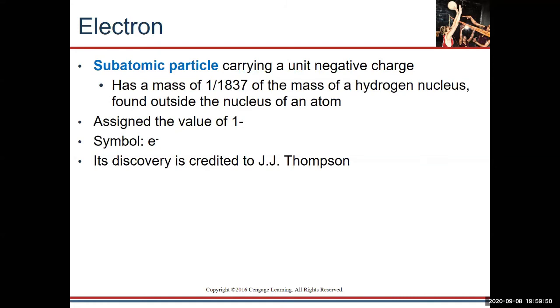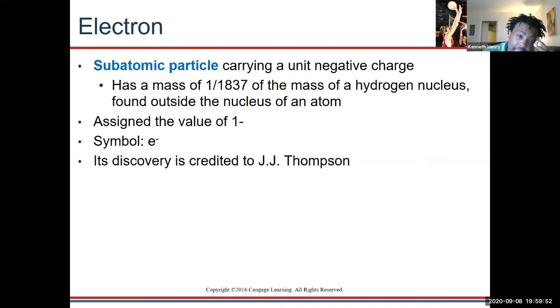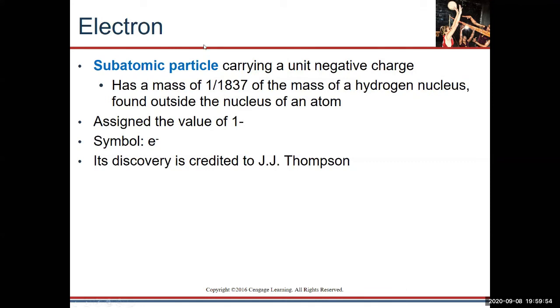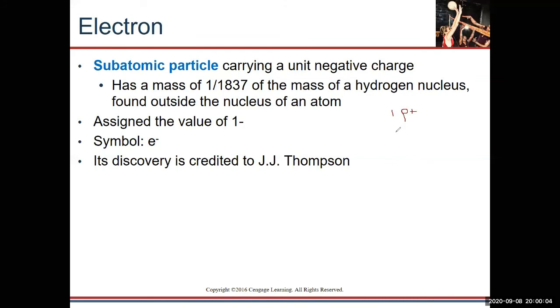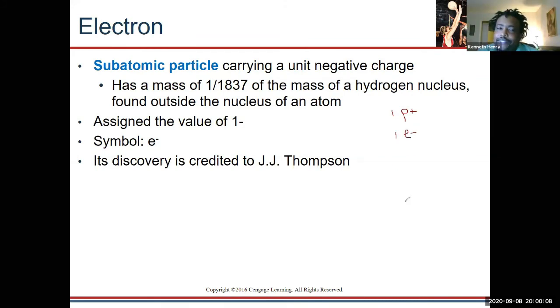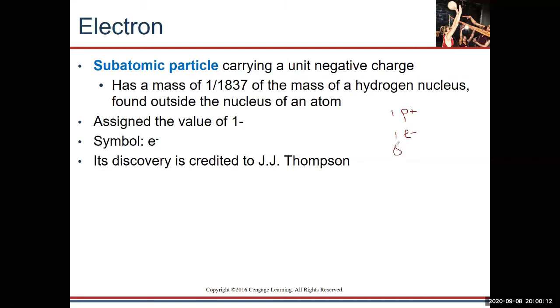How many protons does hydrogen have? 1. Okay, so hydrogen has 1 proton. So I'm going to use the P plus to represent proton. How many electrons does it have? 1. And how many neutrons does it have? 0. Okay, good. It has 0 neutrons.